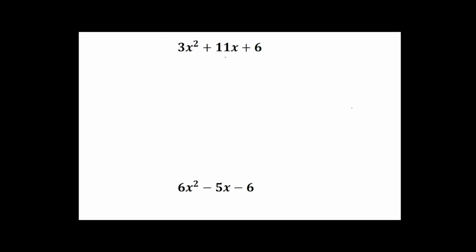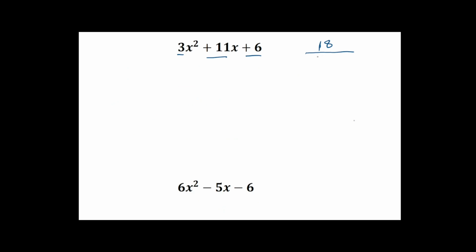Alright. Is there a common term there? And the answer is no. So let's just do our algorithm. So 3 times positive 6 is 18, and 18 has a lot of multiples, so we want something that multiplies to give us 18 and adds to give us positive 11.